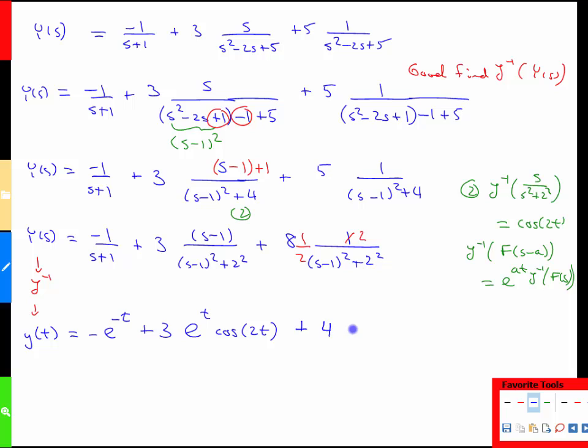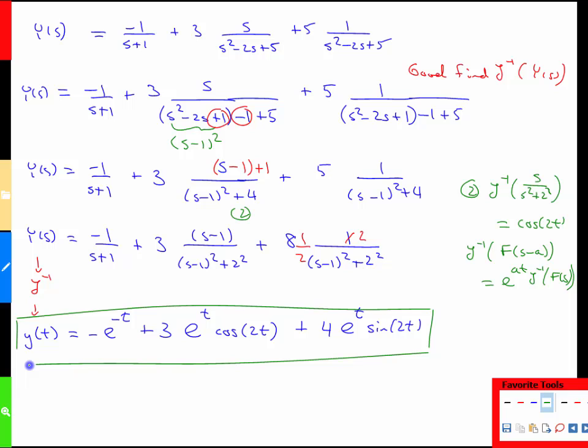And similarly, we're going to have a 4 times sine of 2t from the 2 over 2 squared, but we have all the s's shifted, so it gives us another exponential e to the t as well. And that would be our final solution.